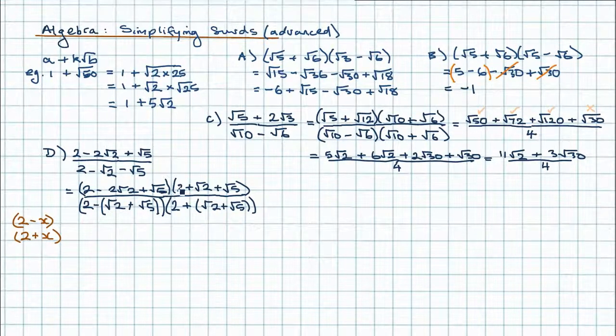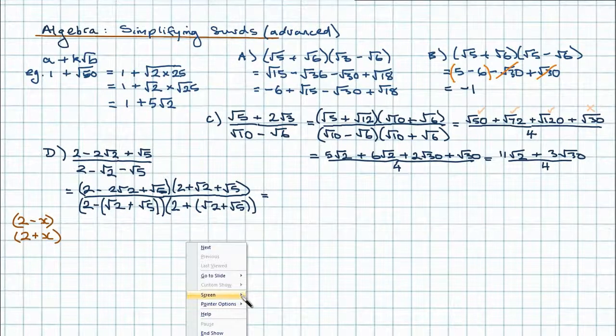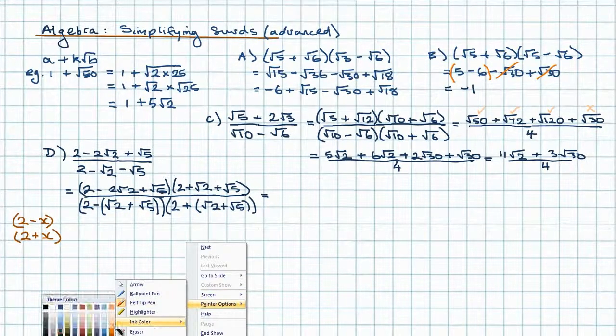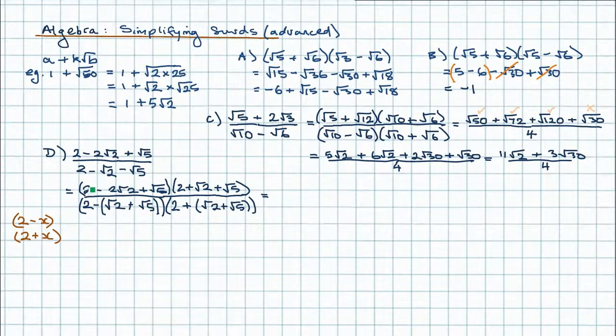Okay, let's do it. So the task here is to multiply through three times. To show you how that works, I think I'll just start with that 2 and remind us what we're doing here. So we've got a 2 that we're multiplying by all three of these terms here.